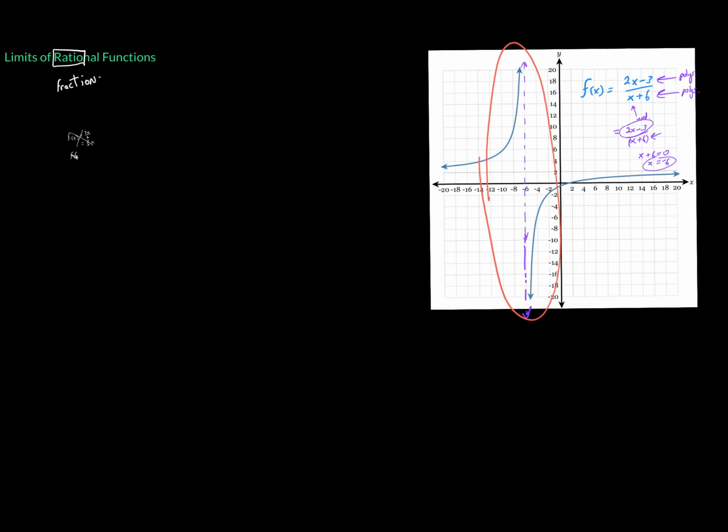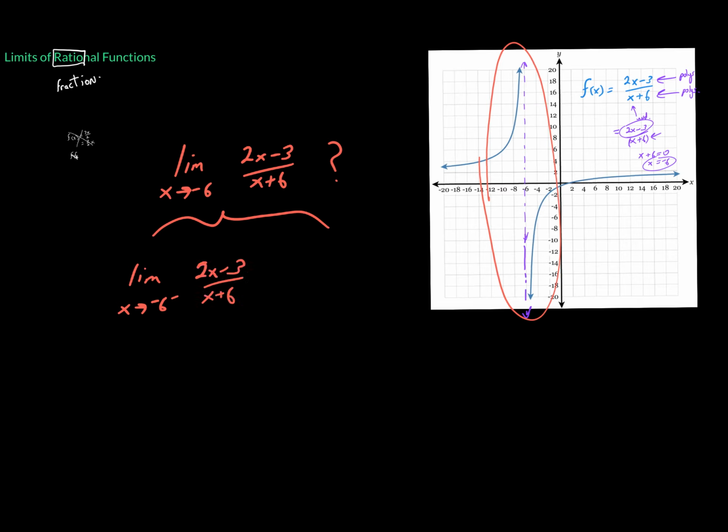So let's see what happens. Does the limit as x is approaching negative 6 of our function, 2x minus 3 over x plus 6, exist? Okay. For this to exist, we must see what's happening on the left side of negative 6 and the right side of negative 6.